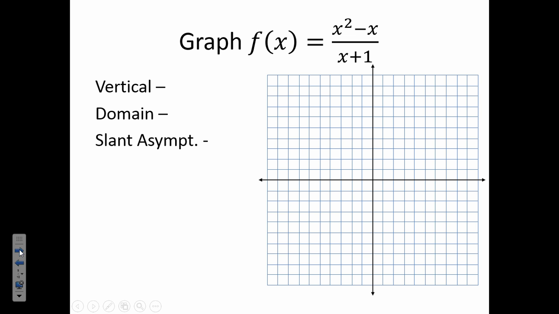And our first step is always to do what? Simplify if possible. Many of you can visually look at this and see that this is going to be an x times an x minus 1, so they will not cancel, right? Okay, so there's no simplifying here. Where's our vertical asymptote going to be? Not just negative 1. X equals negative 1. Don't forget it's a line.